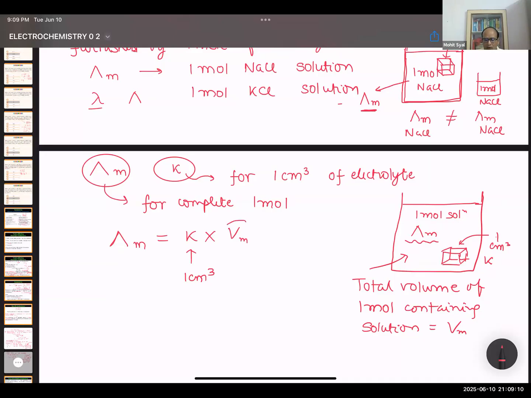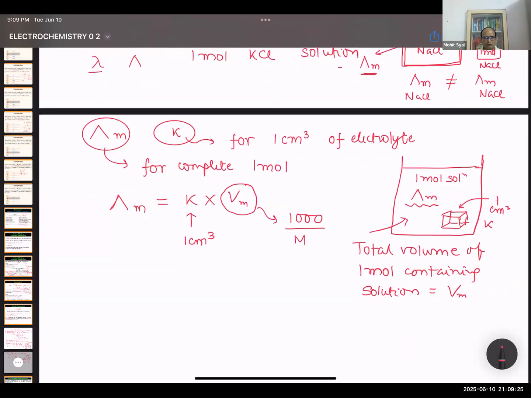And this total volume is 1000 in ml because we are measuring in ml by molarity. This is mole per liter. Mole per liter basically tells you how many moles are there in 1 liter. Okay. So 1 mole will be present in how many liters? 1 upon m or 1000 by m.